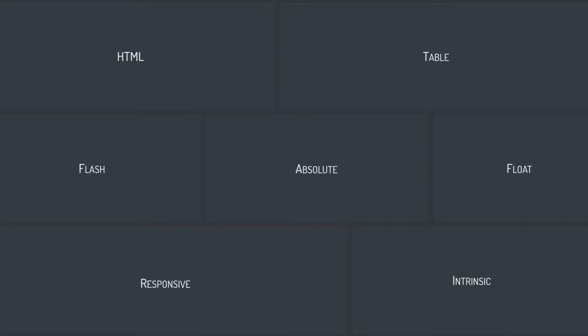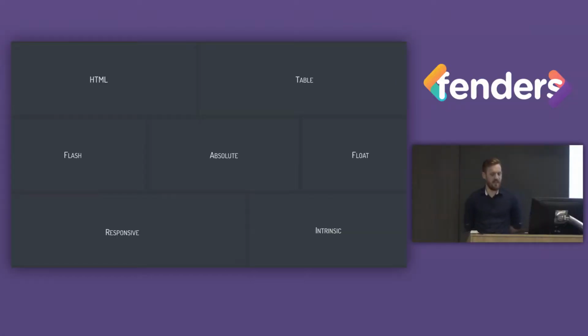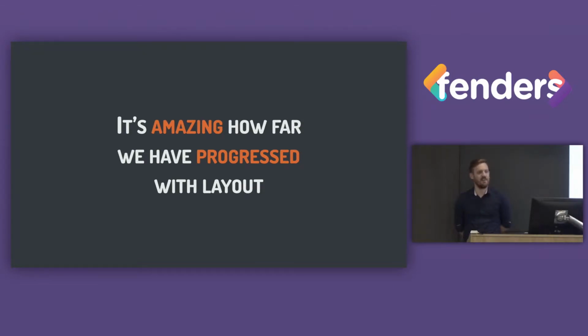Absolute positioning and floating layouts has been around for a while. We went through a stage of responsive, or that's sort of where we are now. And then to borrow a term from Jen Simmons, intrinsic design is becoming the more common form that we're using now. So all that in around 26 years, less than half that of our friends in the comic industry.